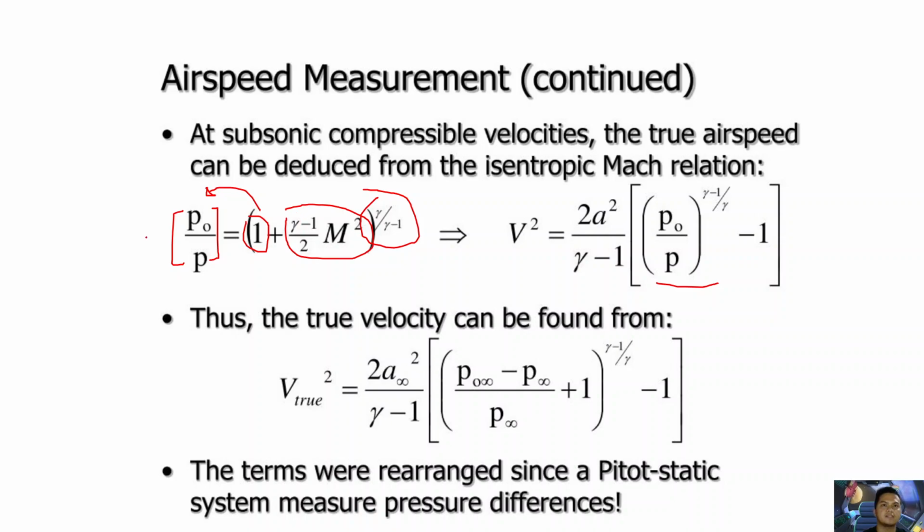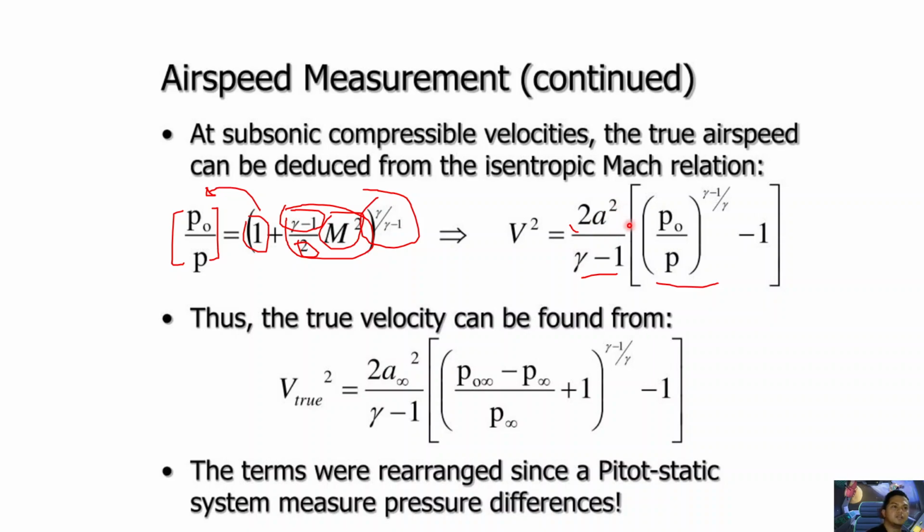So, we moved them, the negative 1 and the exponent, and multiplied both sides by 2 over k minus 1. So, you have 2 here and k minus 1. And the M squared is simply what? Right, velocity of the object over speed of sound. So, we left the velocity here and the A or speed of sound stays here.